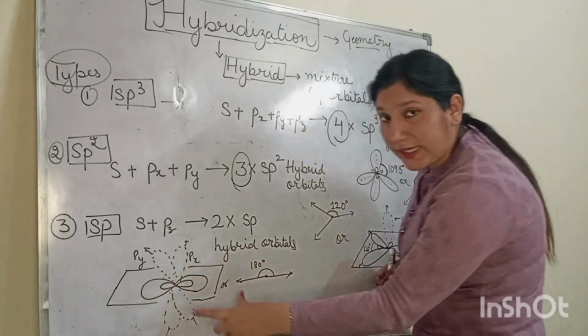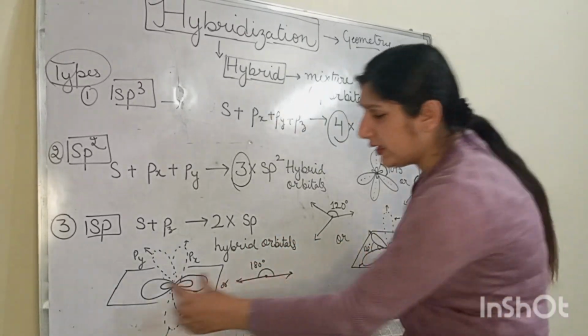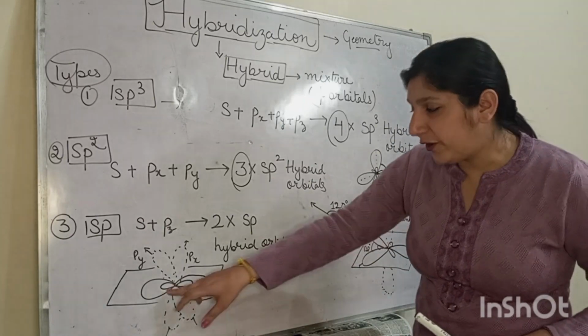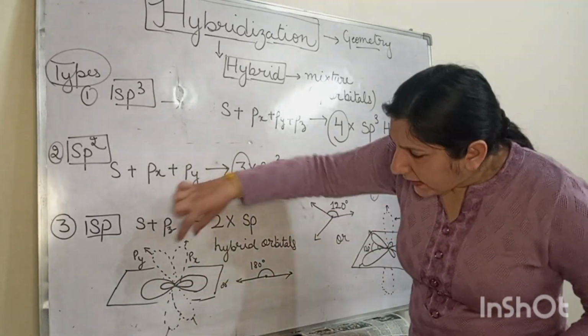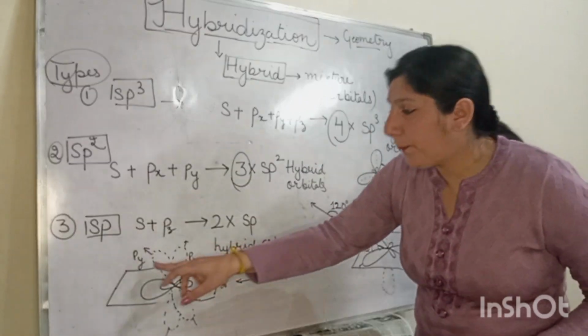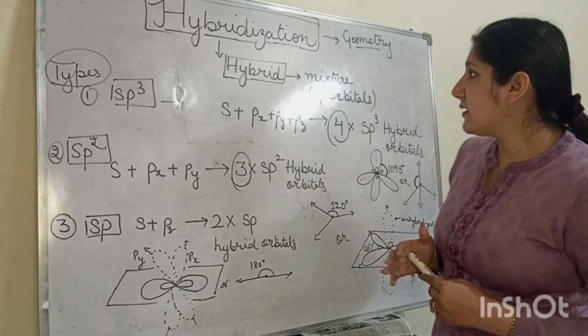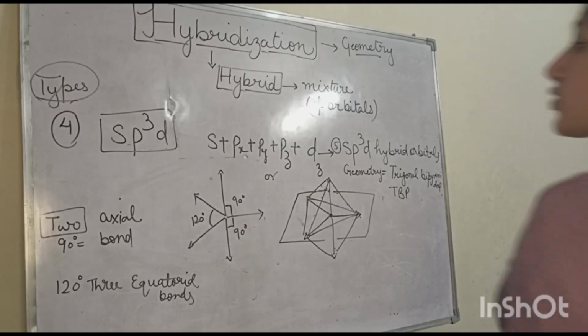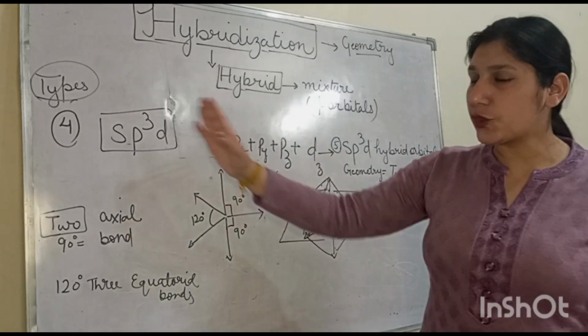Now here also again, look at the diagram shown on the whiteboard. These two are the hybrid orbitals at 180 degree angle, and these dotted lines show the py and px unhybridized orbitals. Clear students?